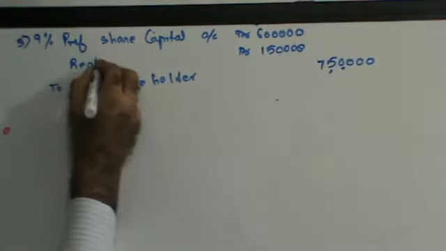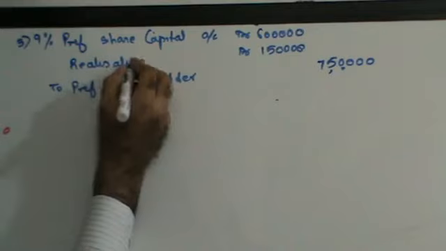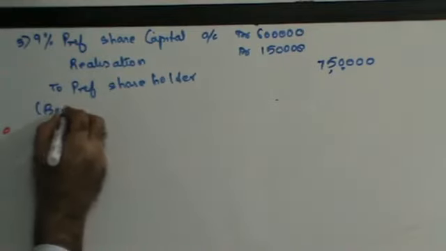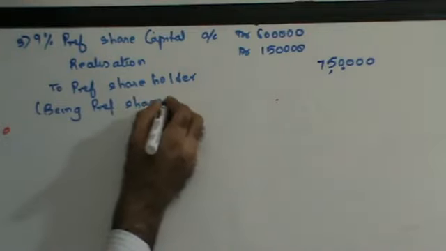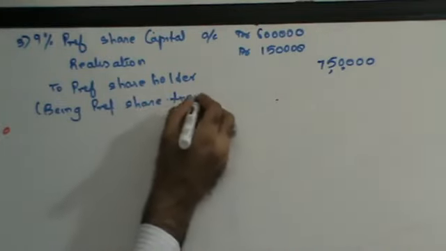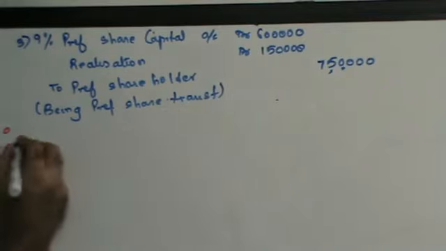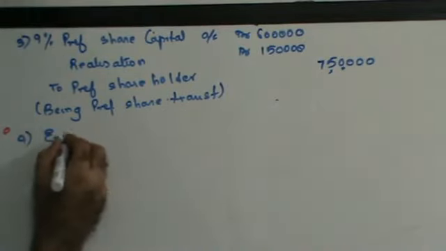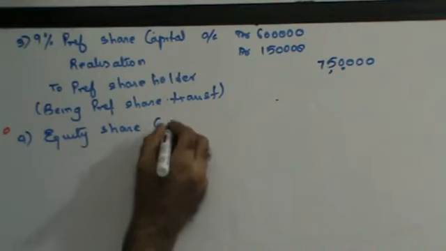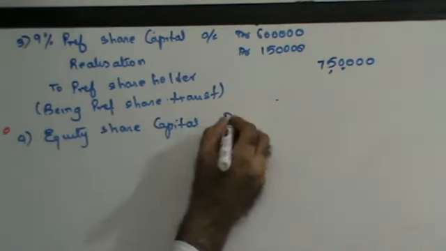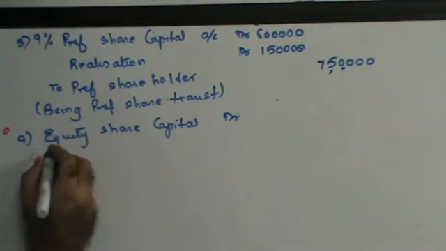realization, being preference shares transferred. Transfer the equity shares. Equity share capital account debit. General reserve account debit.